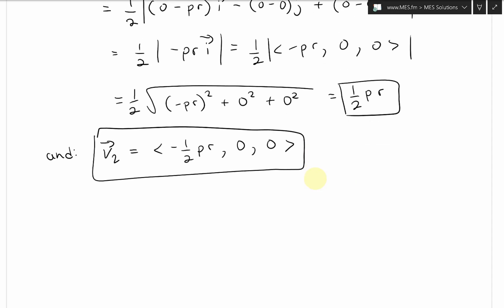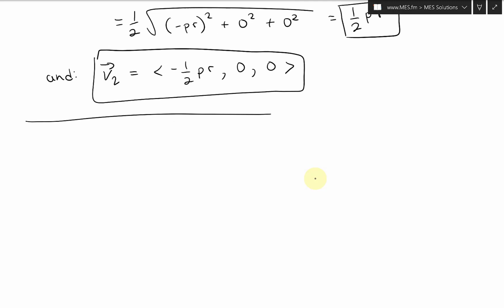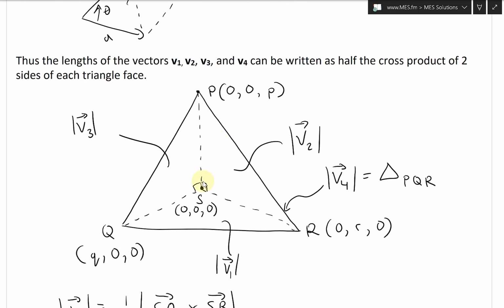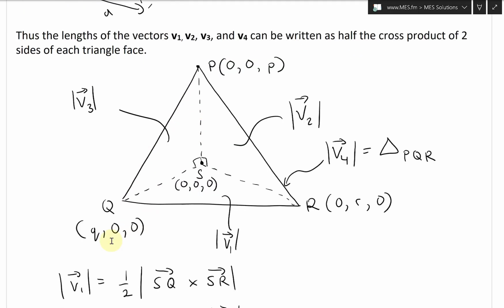And now the next one is v3. The length of v3 is going to equal 1/2 the cross product of SP and then SQ. So v3 is over here, so SP and then SQ.